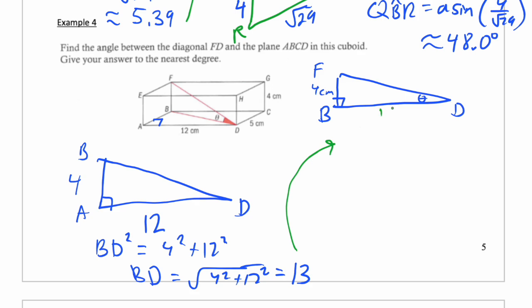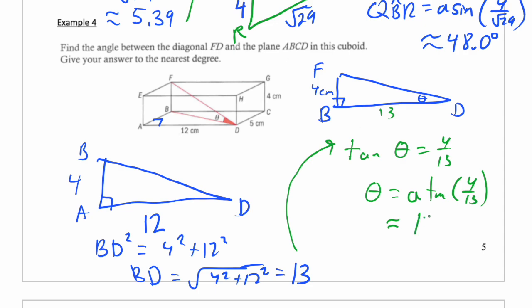And so this is 13. So I'm going to use tangent again because we have opposite over adjacent. So tan theta equals 4 over 13. Theta equals arctan 4 over 13. And that gives you, rounded to 3 significant figures, 17.1 degrees.